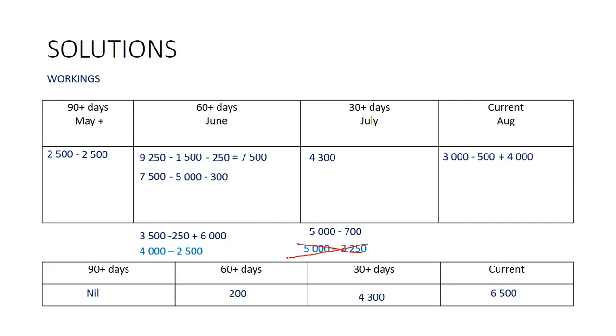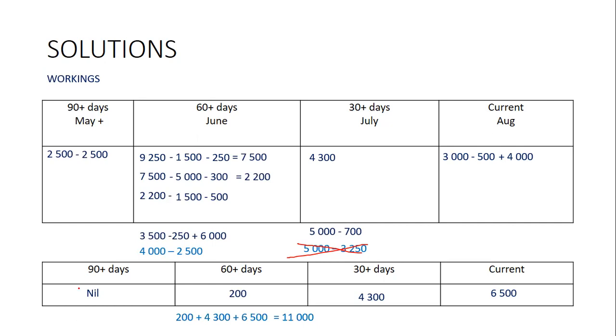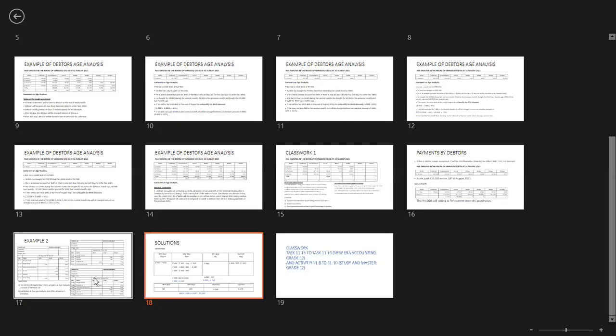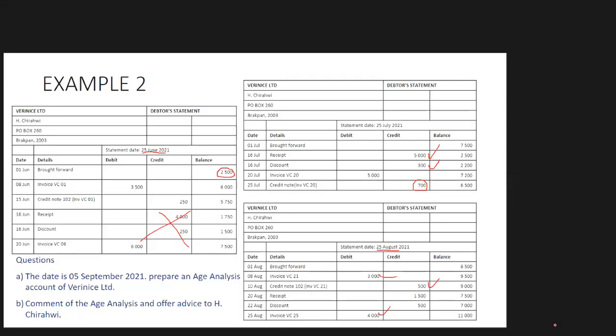So in total, the amount owing, that is the present balance. The present balance will be 200 plus 4,000 plus 6,000 plus 6,500. And that will give us 11,000. So that 11,000 is simply the total balance that she was owing in the current month, which is that amount over there.